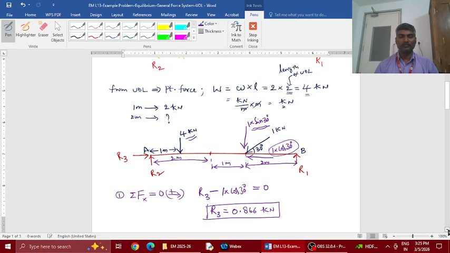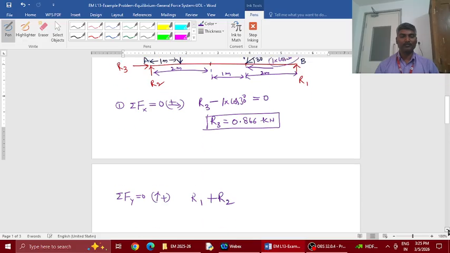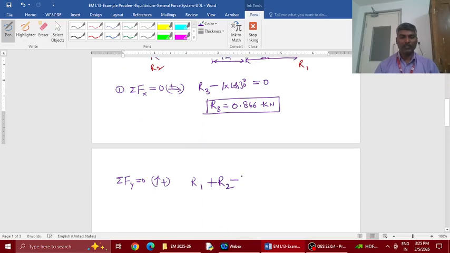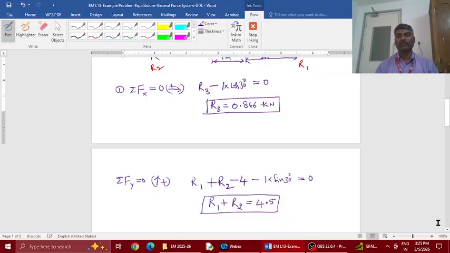That's all. So it is minus 4 minus 1 into sin 30 equal to 0, which means R1 plus R2 is equal to 4.5. So this is the equation that you get.